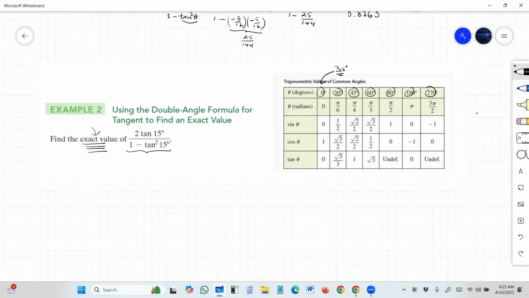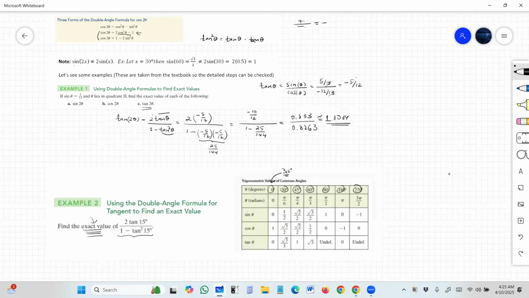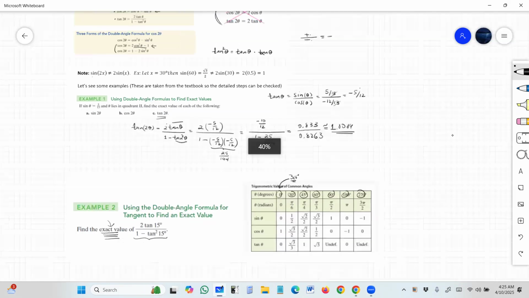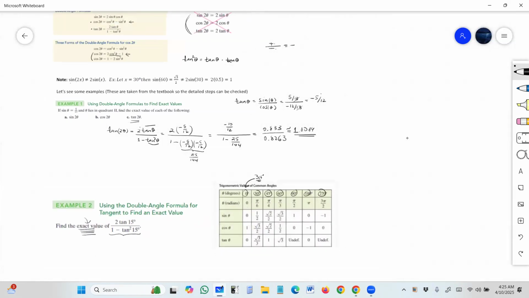So we are going to look at the tangent identity, and we're going to see if we can apply it here. Okay, so let me just erase this part.